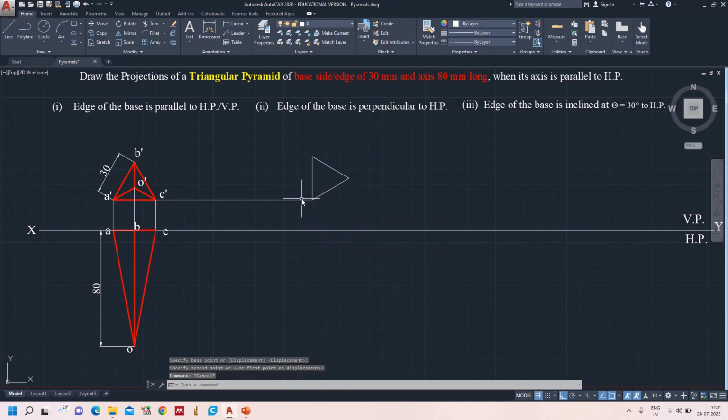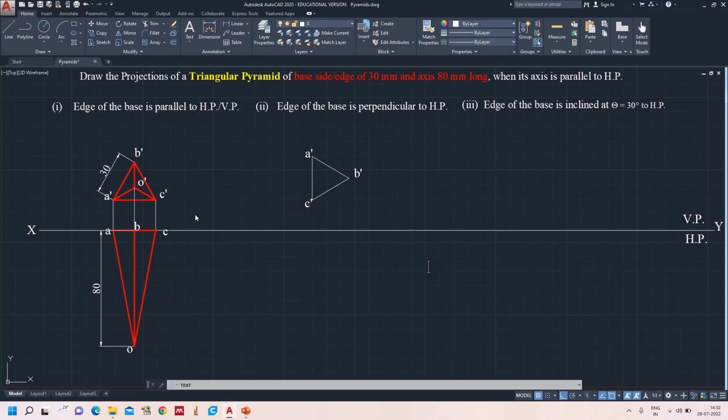Okay, now this is perfectly this one. Yes, so this is A dash, B dash, and then C dash.